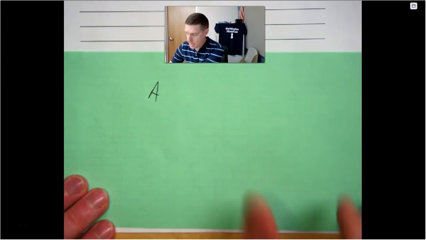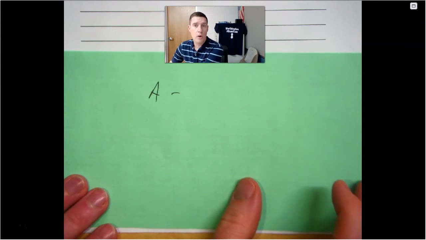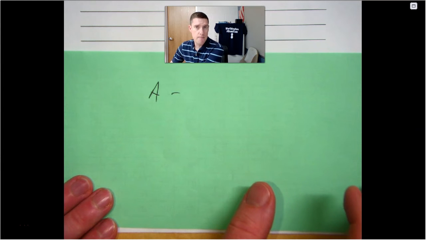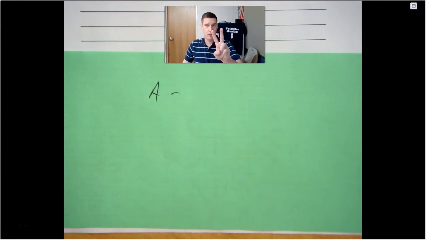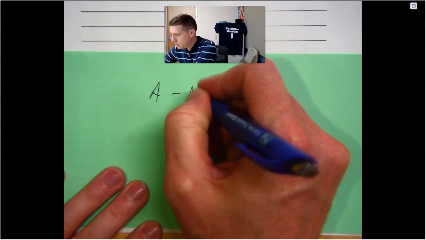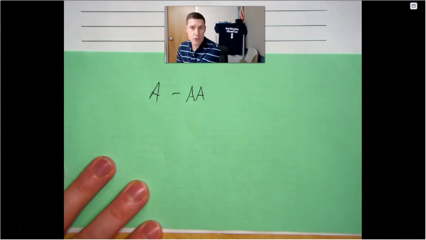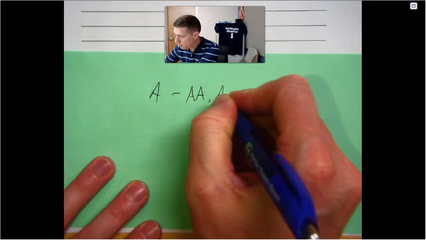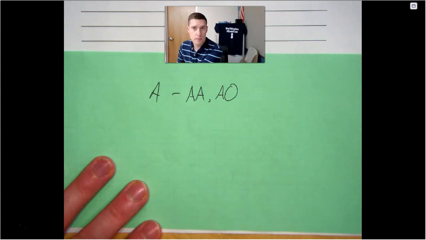For blood type A, there are 2 ways that you can have blood type A. And as you are aware, genotypes typically are 2 alleles, right? Blood typing is co-dominant. So you can either be AA as a genotype and be blood type A, or you can be AO.